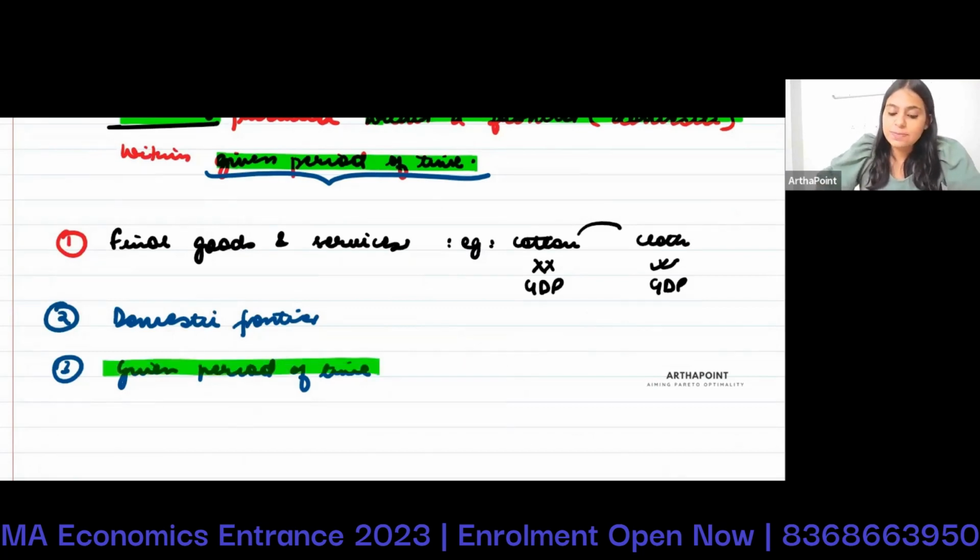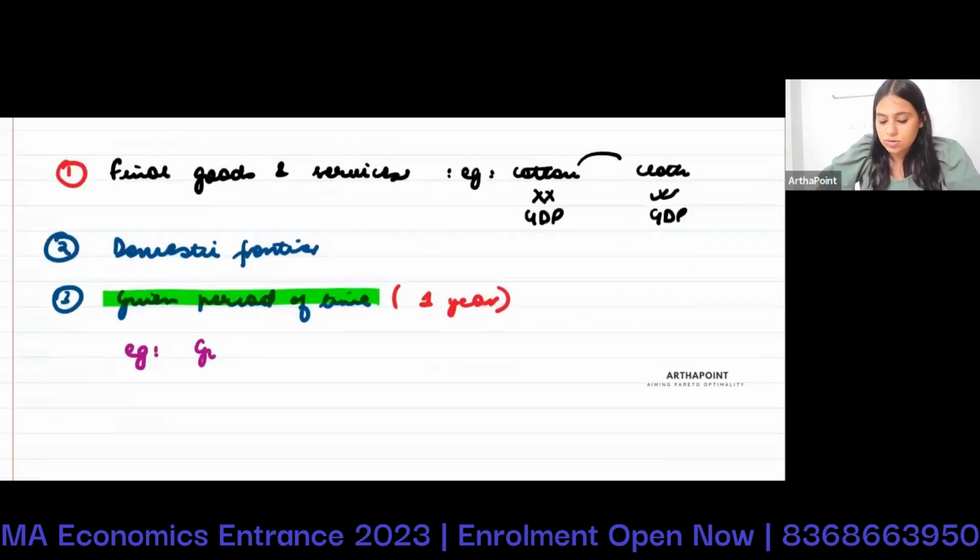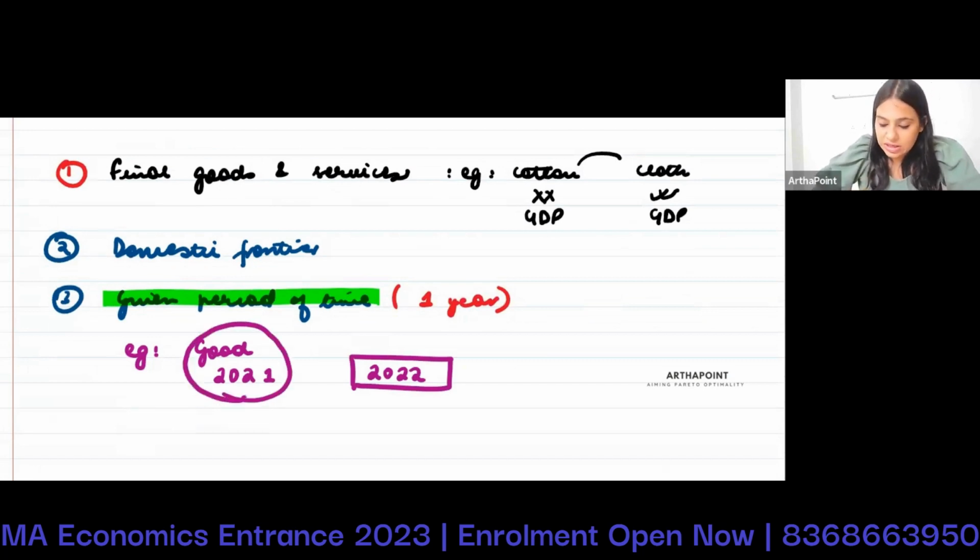Similarly, GDP should also be calculated for a given period, mostly 1 year, which means that, for example, let's say that there is a good which is produced in 2021. And now I am in 2022 and I'm asking, should I add the value of this good here if it was unused?